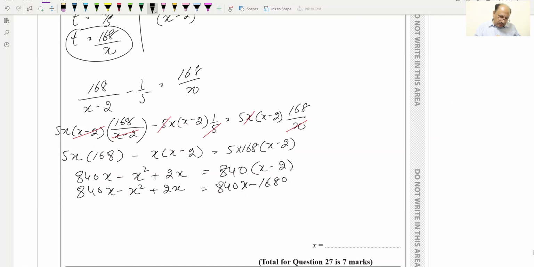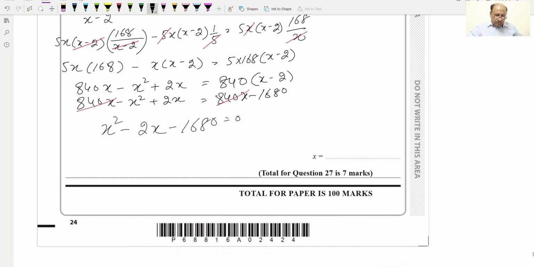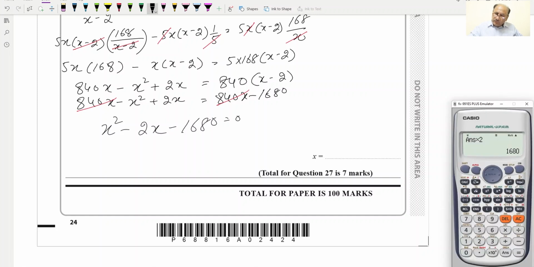So we can shift everything to the left side, so 840x we can cancel from here, so that we can simplify this. So we can shift x squared minus 2x to other side, so we will get x squared minus 2x minus 1680 is equal to 0. This will be our quadratic equation which we can form, which we can solve.